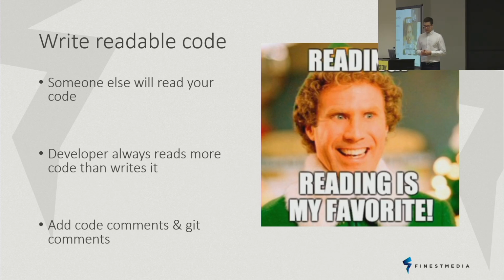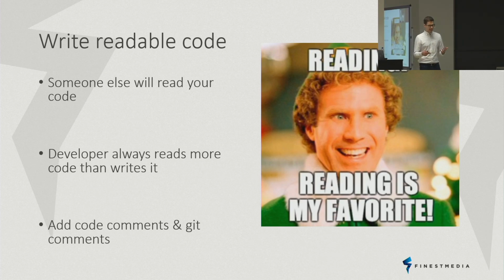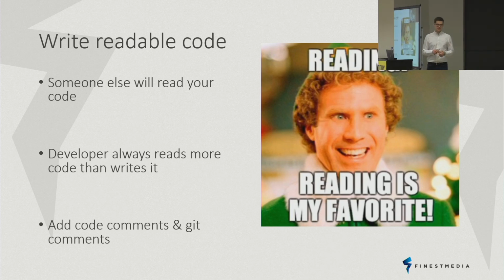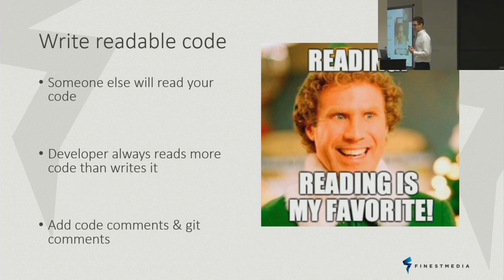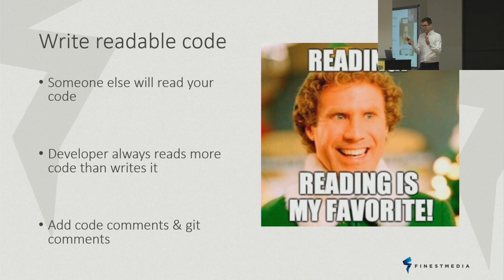Even when you write readable code, another quite important thing is to write code comments. Typically, developers write what they do in the code, but actually they shouldn't. We can read that from the code. The docblock, documentation or comments should say what the function or method should actually do, not what it is currently doing.